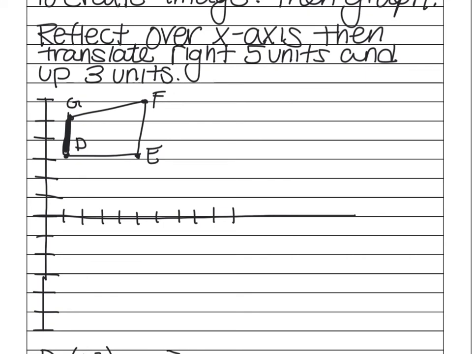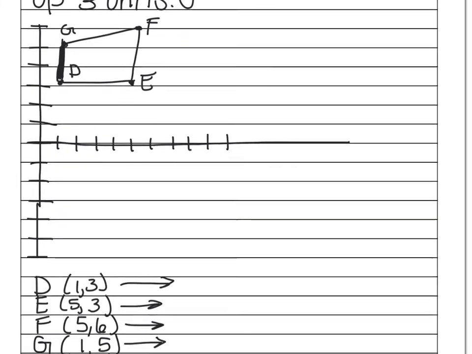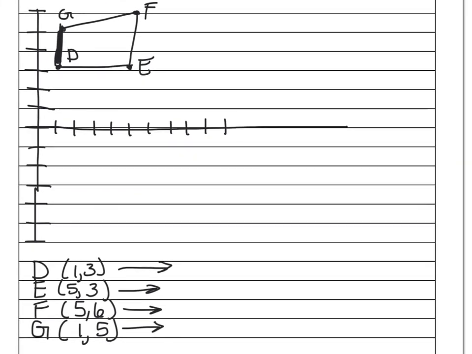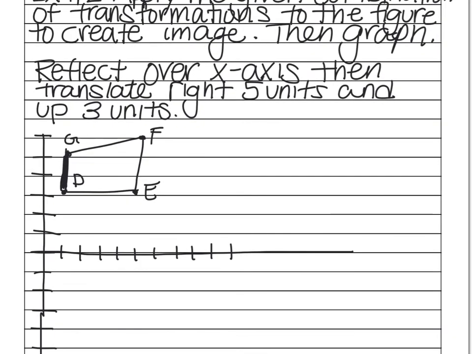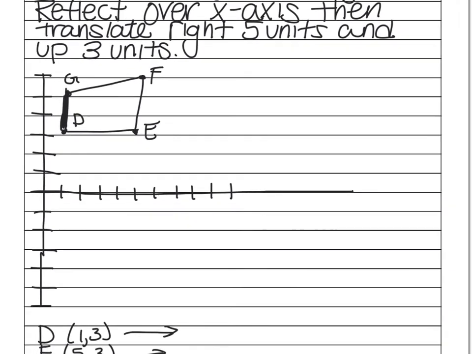So we're going to go ahead and I'm going to write out these points so that I can do this. And I think I did it down here, so let's move a little bit further. It's hard for me to fit everything on the screen here. So those are my original image points. And so the directions said, if you remember at the top, that we are first going to reflect over the x-axis.